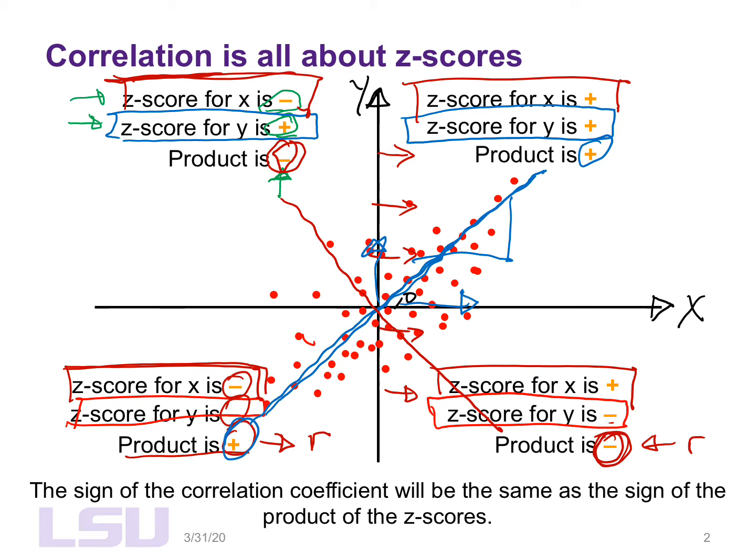So your slope will be negative and your correlation coefficient will be negative. So there will be a negative correlation between your x and your y, and that's what I summarize right here. The sign of your correlation coefficient is the same as the product of the z-scores.